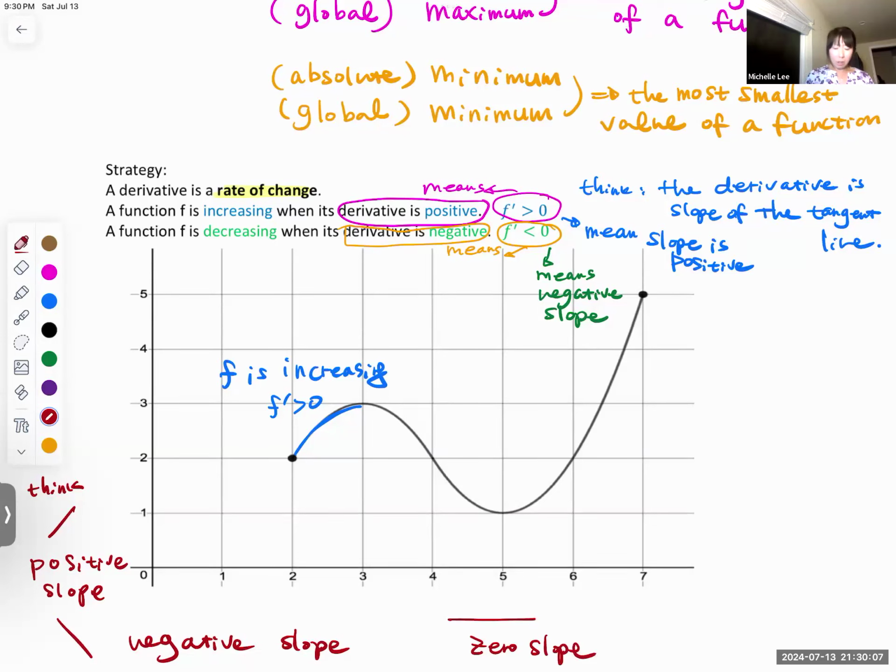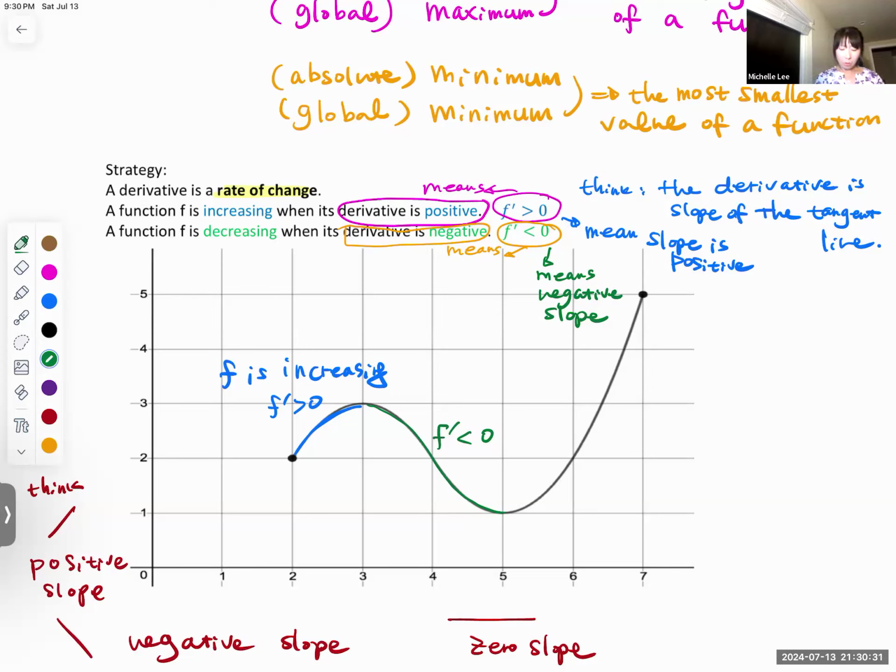Okay, now we have this part. Then f prime is less than 0, which means that the derivative is negative, and the original function f is decreasing.